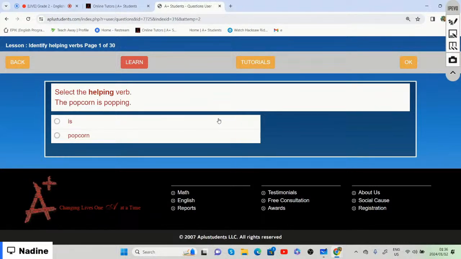So the popcorn is popping. And if we try to select the helping verb within the sentence, because they're saying we need to select the helping verb, remember we said the helping verb helps the main verb to show action.